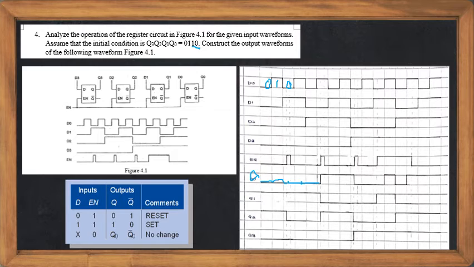When D is high and the enable is 1, or high, the output will be set.